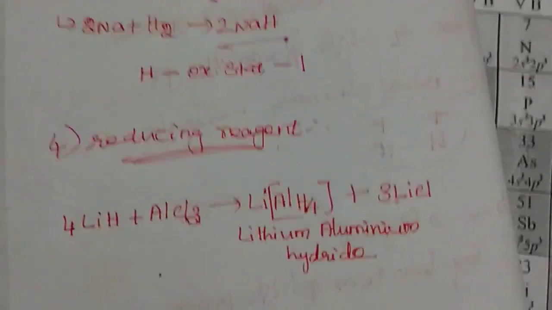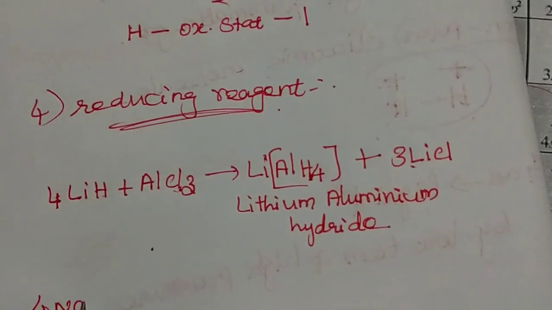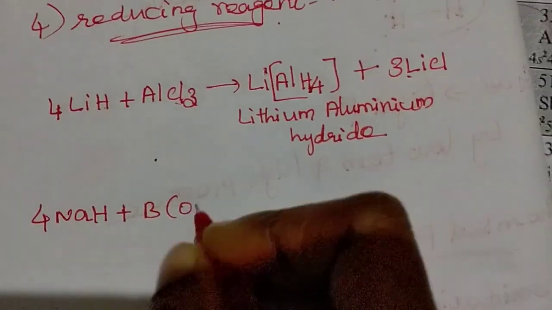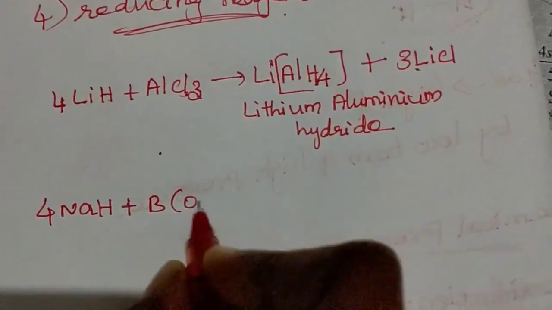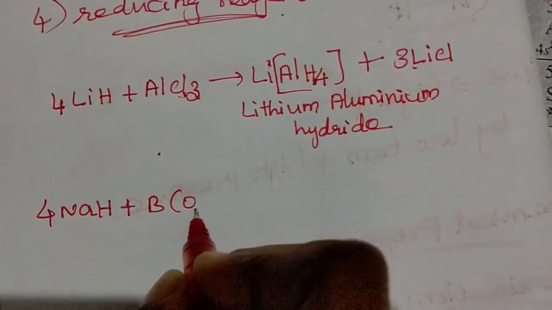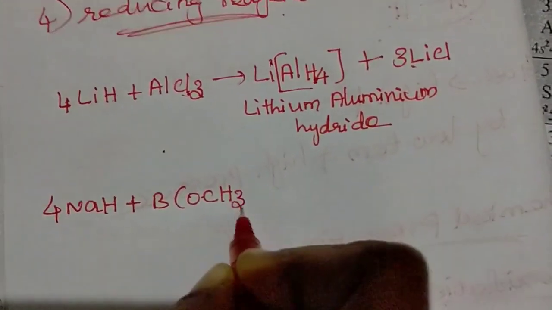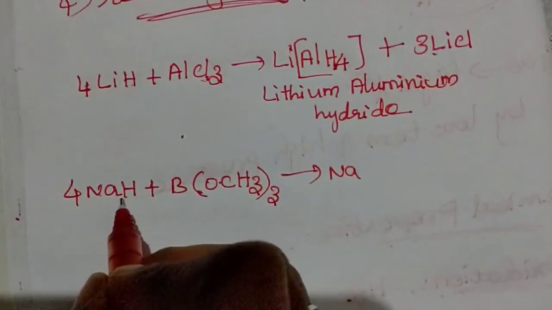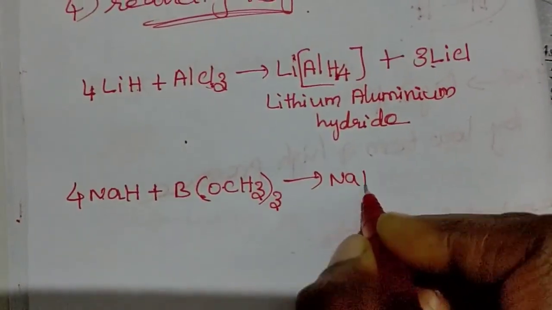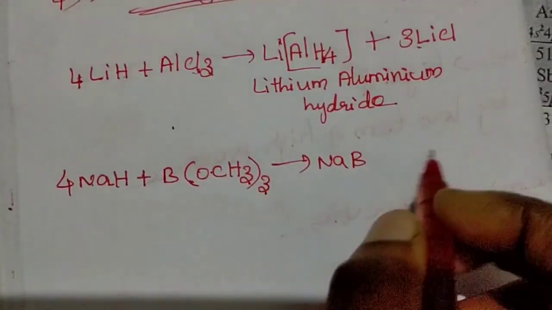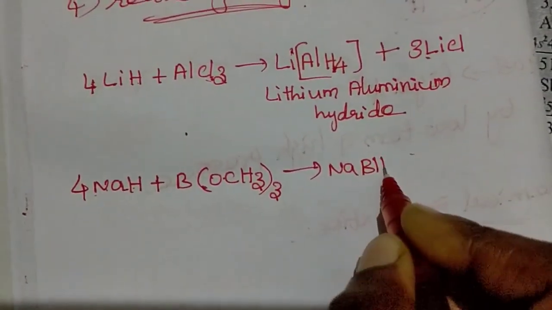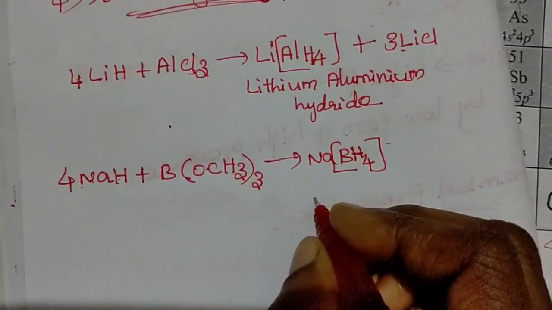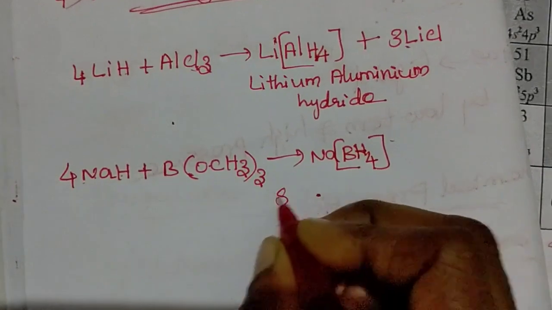Then take sodium hydride. 4 molecules of sodium hydride combined with B(OCH3)3, trimethyl borate. The name of this compound is trimethyl borate. It gives NaBH4: 1 sodium combined with 1 boron, then 4 hydrogen. This is called sodium borohydride.